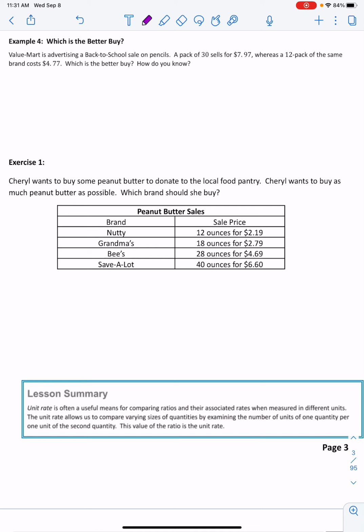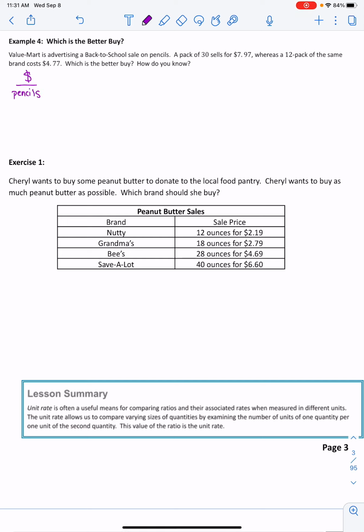Which is the better buy, and how do you know? In this particular case, we need to find out how much it is for each pencil. Whenever you are talking about money, money always goes on top and everything else goes on the bottom. So we want the pencils on the bottom.